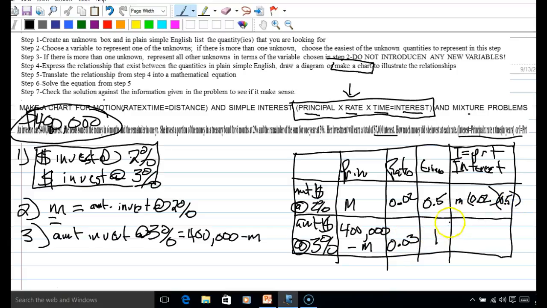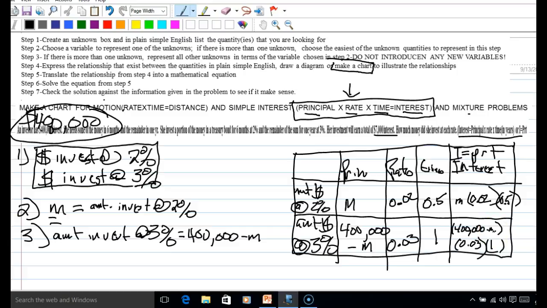To find the amount of interest that she earned at 3%, the principal is, and you do this in parentheses, 400,000 minus M, times the rate, so that's times 0.03 times the time, which is 1. And of course you don't need the 1 here because 1 times anything is that anything.